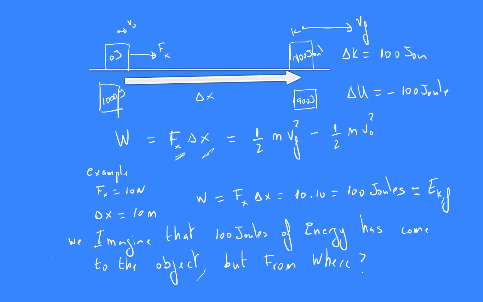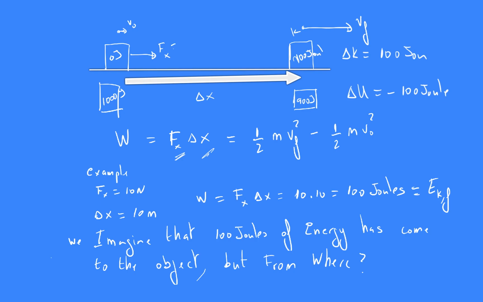So let me see what I wrote. We imagine that 100 joules of energy has come to the object. And from where? From the 100 joules you lost. Sometimes it's not so easy to see from where. In the case of a gravitational force, it is not the force that you do, it is the force that the earth is doing on you. Also, the gravitational field is storing the energy, and it gives it to you.